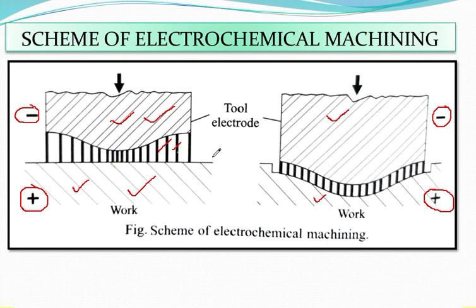Now when the current is passed, the dissolution of the anode occurs. Again, when you are passing the current, the dissolution of the anode occurs. However, the dissolution rate is more where the gap is less.